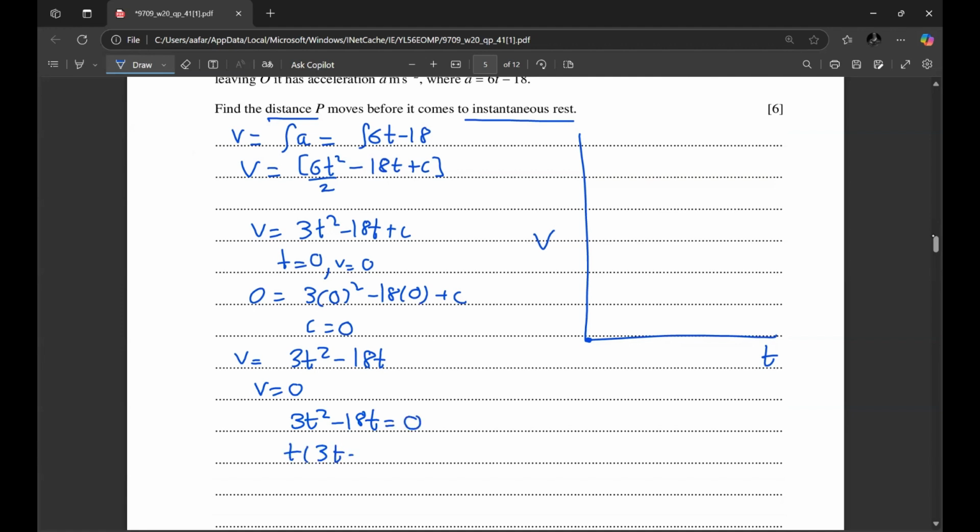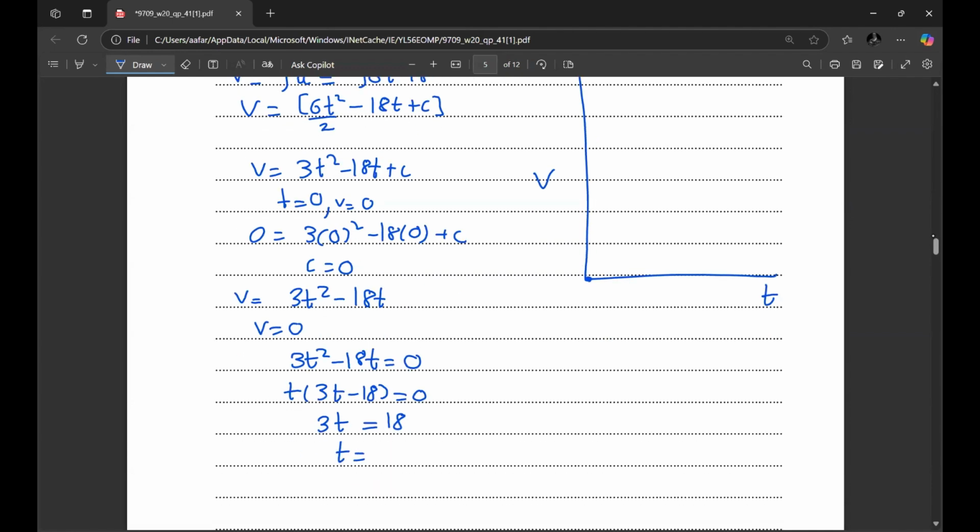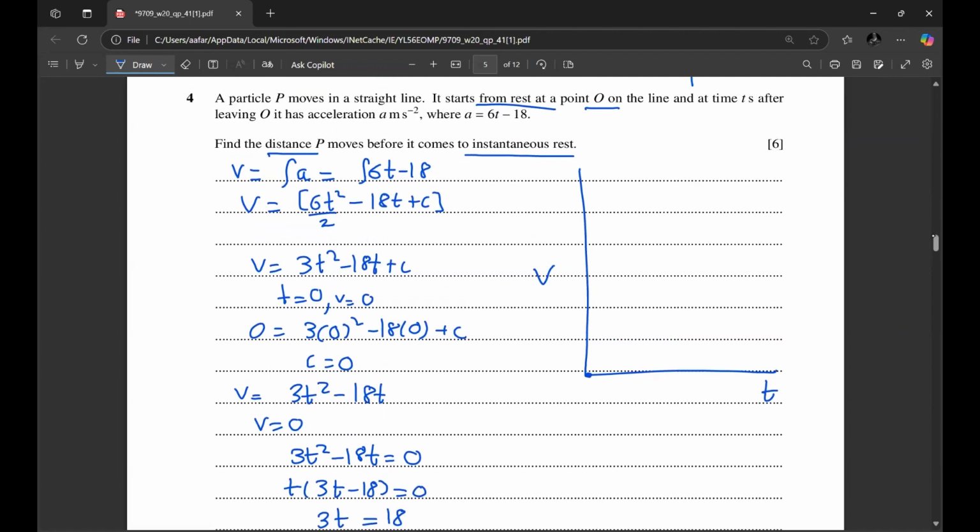Take t common: t times 3t minus 18 is equal to 0. So we get t is equal to 0, which is the starting point, and 3t is equal to 18, so t is equal to 18 over 3, i.e. 6. That means it's at instantaneous rest at 6. Let's say this is 6.